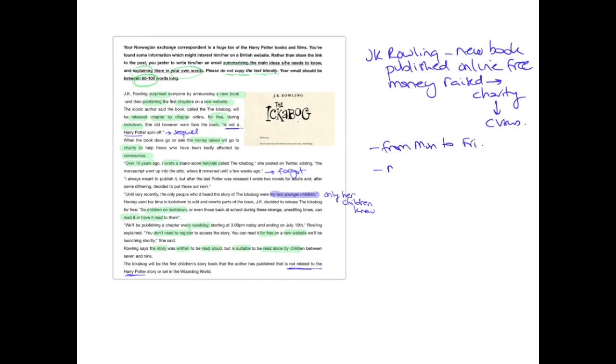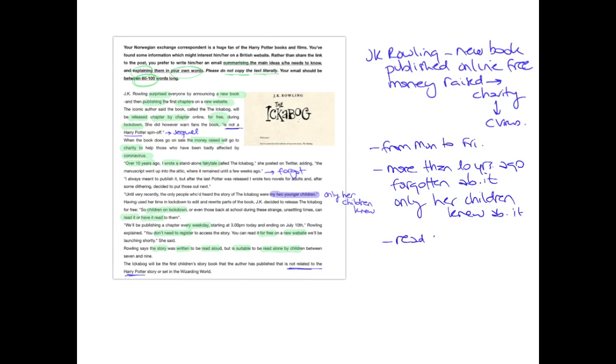She wrote the book more than 10 years ago, but she had forgotten about it, and only her children knew about it. The book can be read aloud or individually.